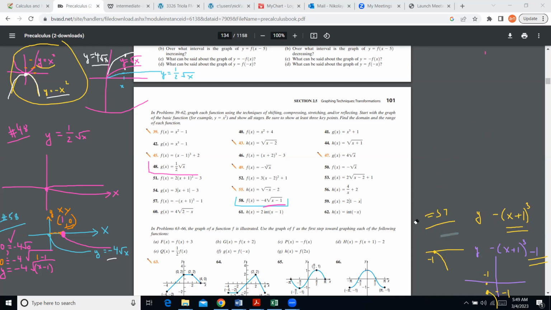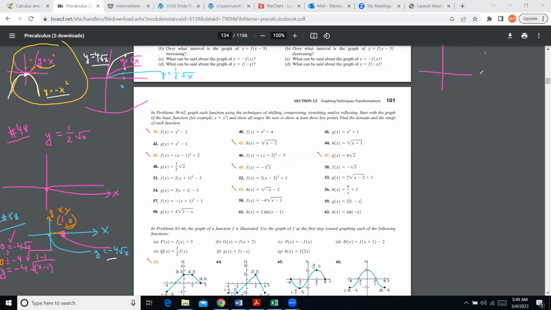So that's a popular function, the square root, that we again put in the so-called library of functions that we need to be familiar with whenever you encounter questions that deal with it. And the last function in that library is the absolute value of x.